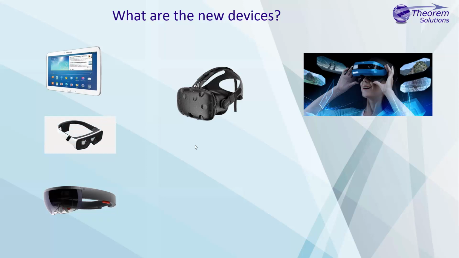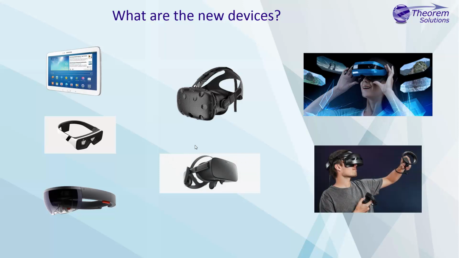Dacry have introduced a new headset. Oculus Rift and Dell have got a headset as well. And you can see that the devices on the right look very much like pictures from web pages. They're freely available pictures, but you can see that they're aimed at the gaming type marketplace, the leisure marketplace, rather than industry.